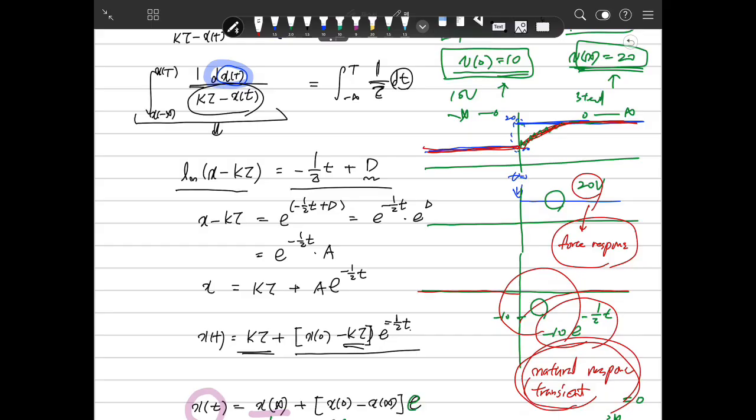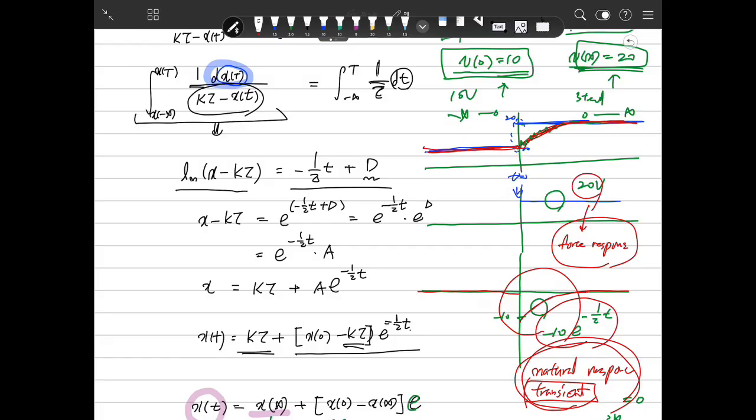This is why we have to get the natural response and the forced response separately. So that's the meaning of the forced response and the natural response, or the transient response. This is the reason we call it a transient response, because this is a transient.